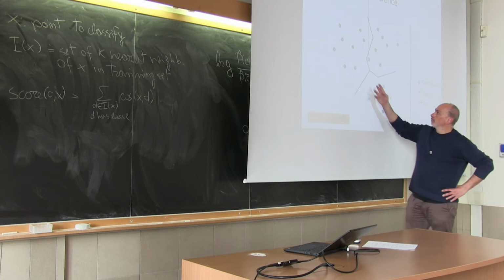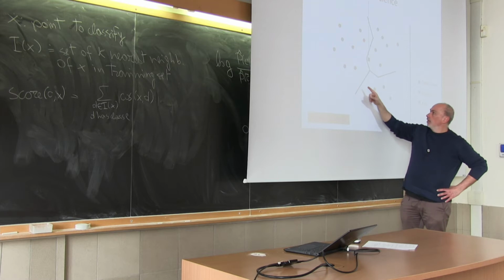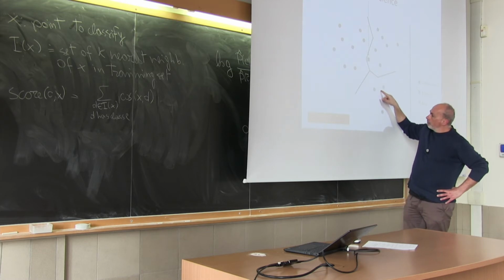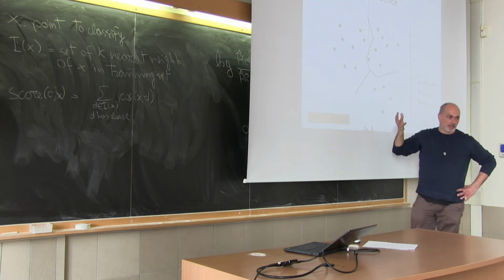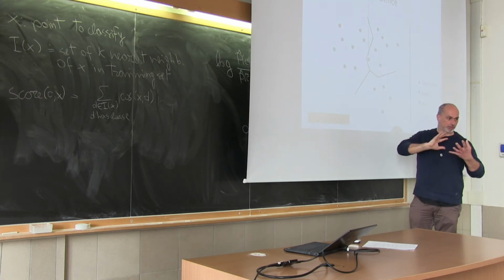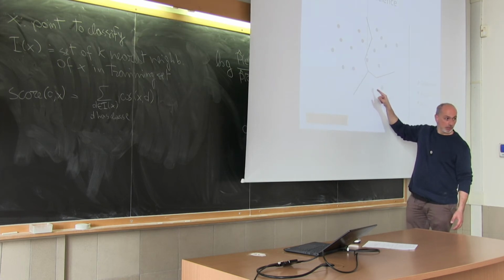How does it work? So implicitly, for every point in the training set, you can define the subspace of the points. Actually, it is going to be a polytope that will be mapped to this point. You understand what I mean?